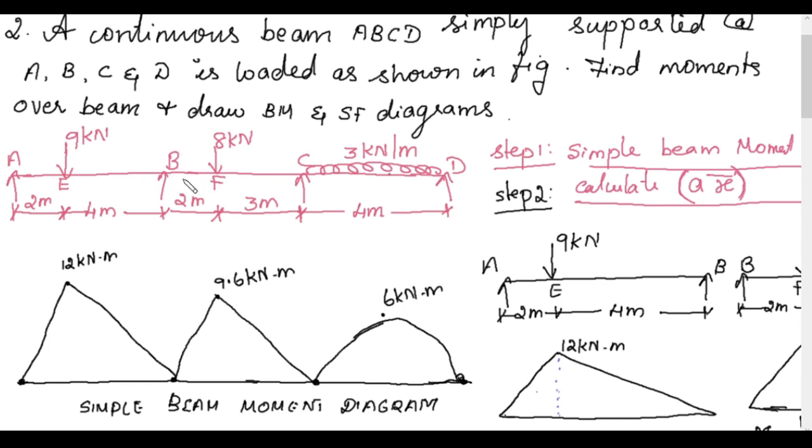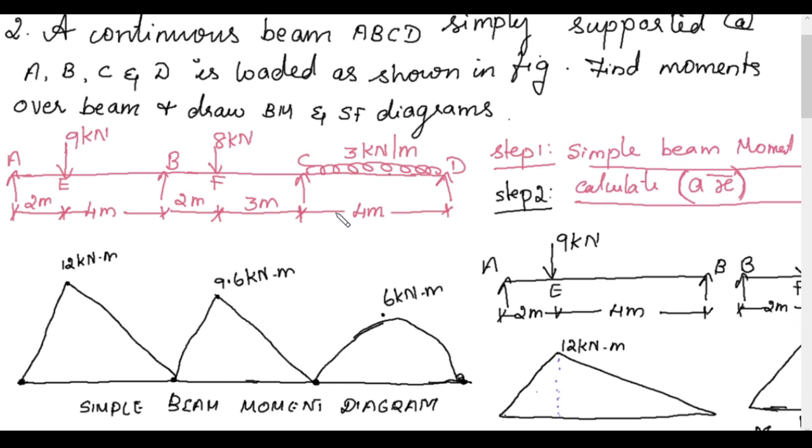So moment at B will be not equal to 0 and moment at C will be not equal to 0. That means we have two unknowns. If we have two unknowns, we need two equations to obtain them. We will solve the two equations and get the two unknowns.